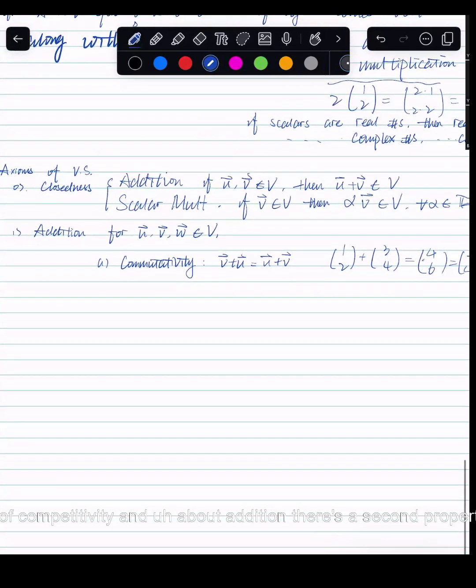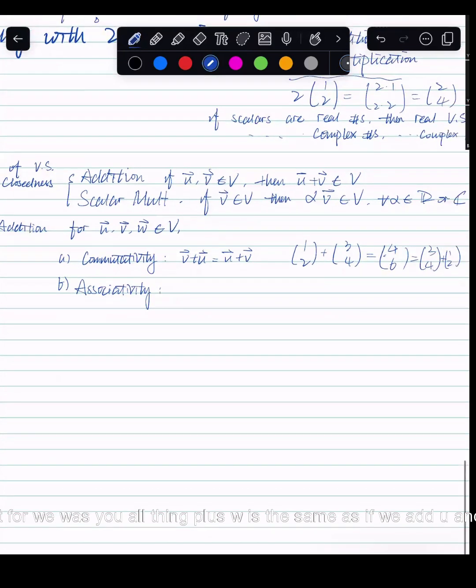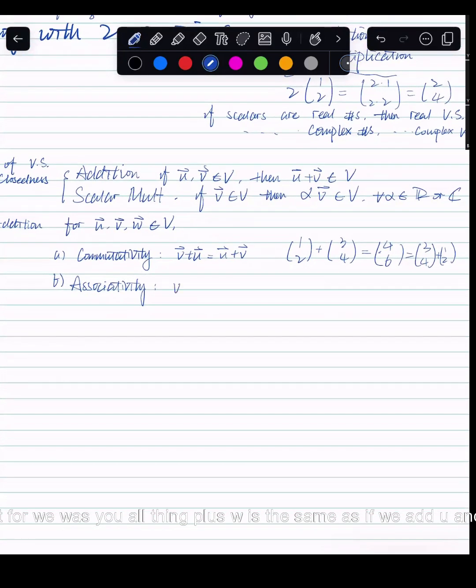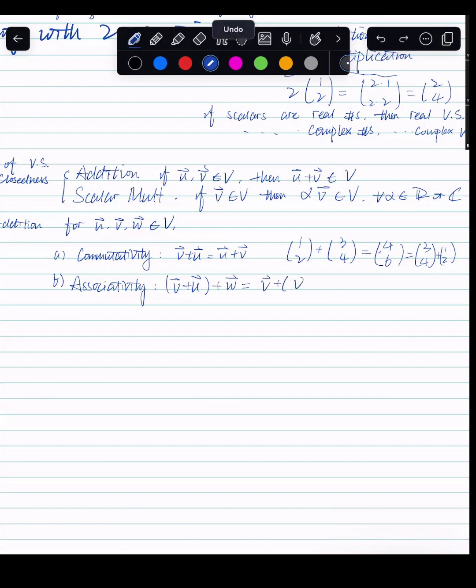And about addition, there's a second property. It's called associativity. It means that for v plus u, the whole thing plus w is the same as if we add u and w together first.